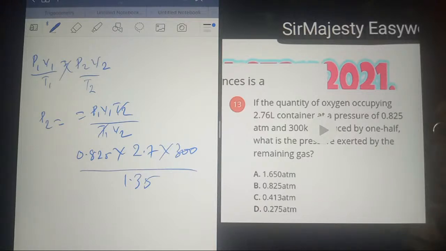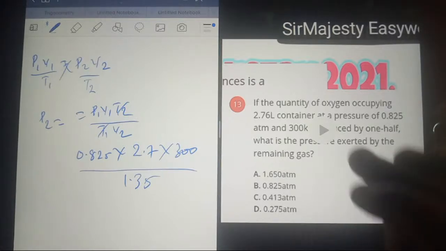We'll give you 1.65. That's option A. Option A is the correct answer for that gas law. This number 13, 1.65. Since they didn't give us two temperatures, we assume that the temperature is constant.